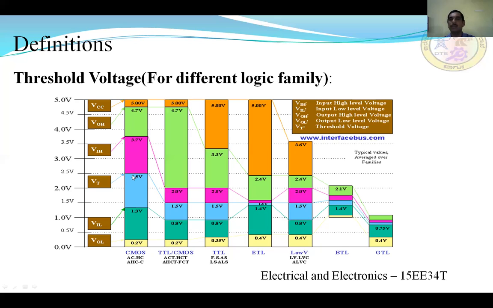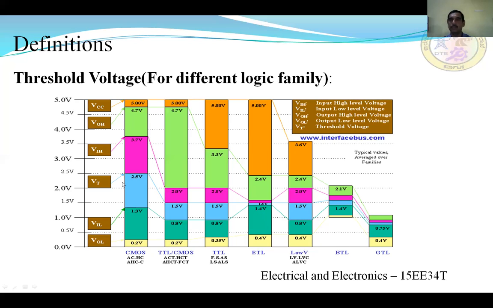That value will be different for different families. For CMOS it is 2.5 volts. If you observe here, for TTL it is 1.5 volts, and similarly for ECL it is 1.5 volts. There will be different threshold voltages for different families.